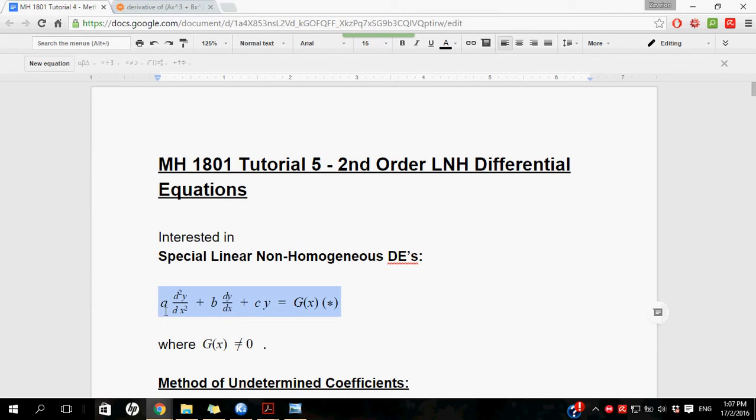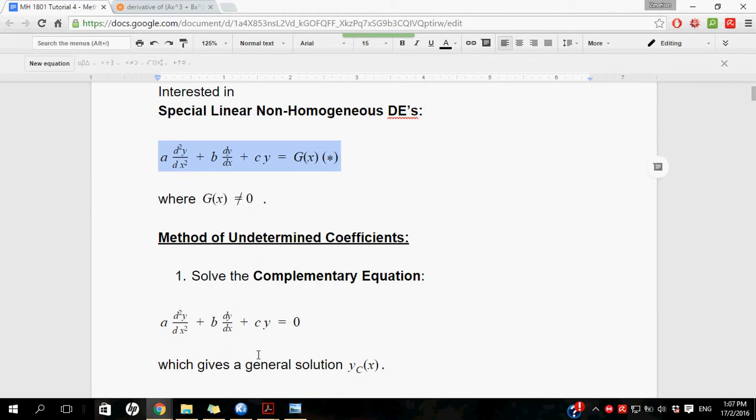We have our derivatives up to the second order, and they are multiplied by constants. So a, b, c are constants, and the thing of difference here is that g(x) is supposed to be a non-zero function. To solve these differential equations, we're going to make use of the method of undetermined coefficients.